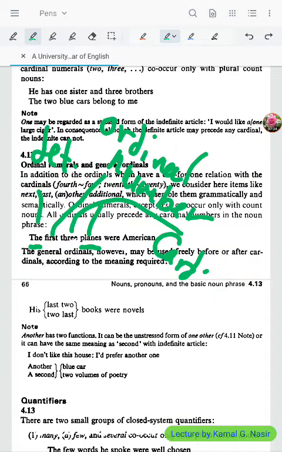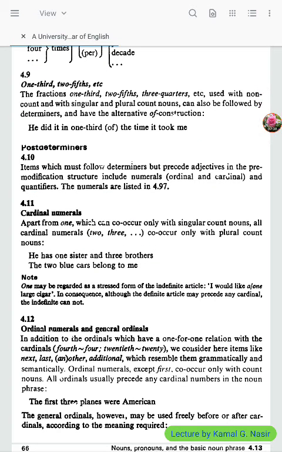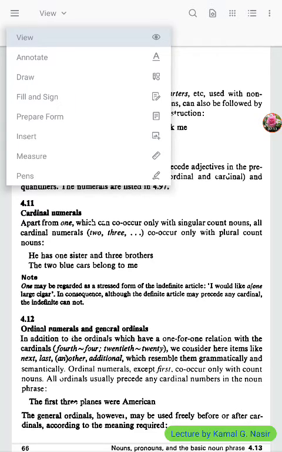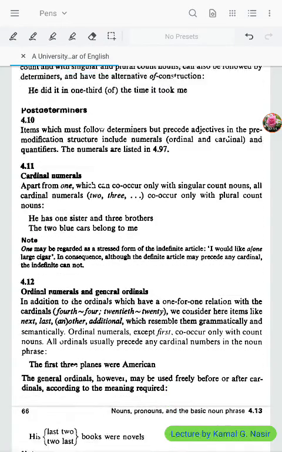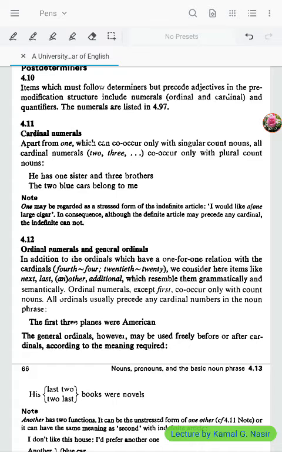Something important you have to remember: when the ordinal and cardinal numerals come together, we have to put the ordinal before the cardinal. This is important. So we have to say first 3.